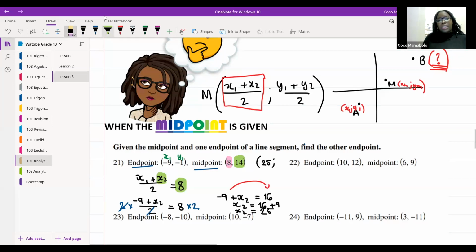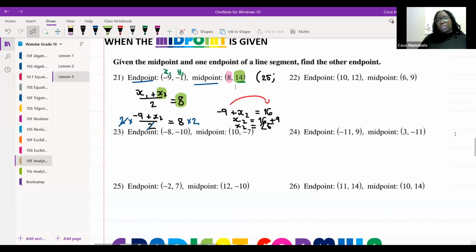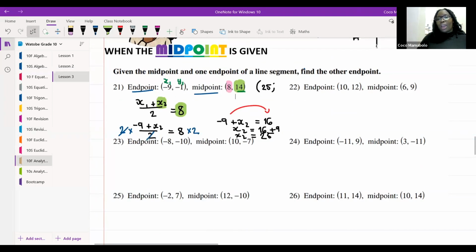It'll be 14, because that's the other midpoint, right? That is the midpoint of the y coordinate. Okay, so let's try to do this one together. I know that the midpoint formula says (y1 + y2)/2 is equal to which number? What is the y coordinate that we're looking for now? It would equal 14. Good.